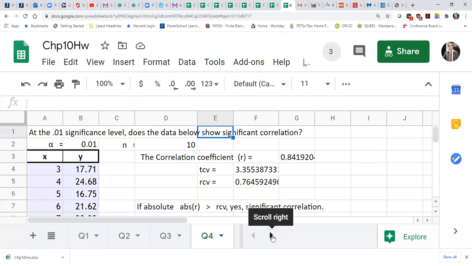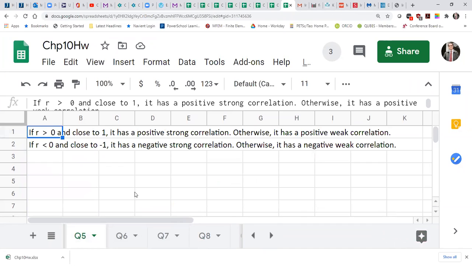Okay, well, let's try here. Yeah, you just need to understand, for R greater than 0, if it's close to 1, that means a strong positive correlation, otherwise it's a weak correlation.